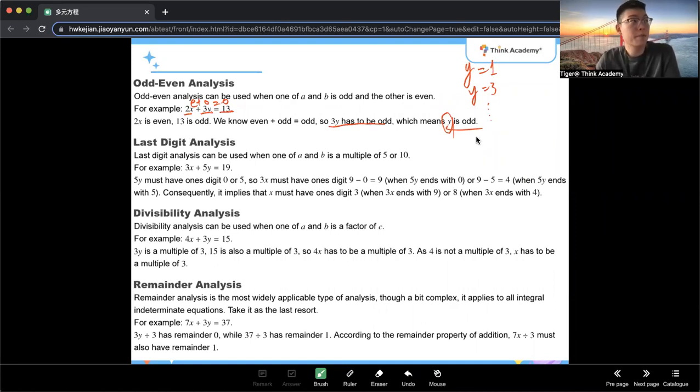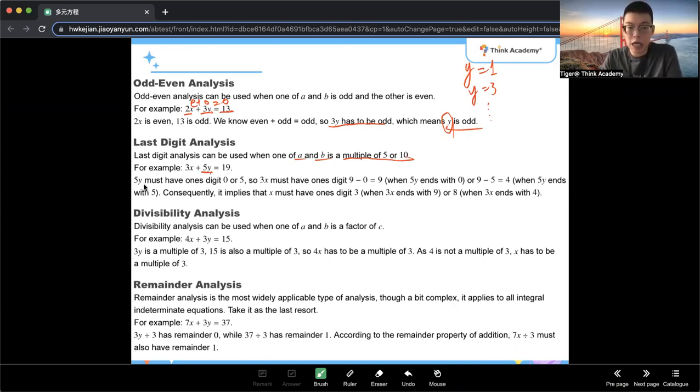So that's for one. And then if you are doing the last digit analysis, that is going to work for the cases where one of the coefficients is a multiple of 5 or 10. So for example, 3x adding 5y is 19. Now we can see that we can't use the odd-even analysis here. So spotting the 5, that might be something that I can use.